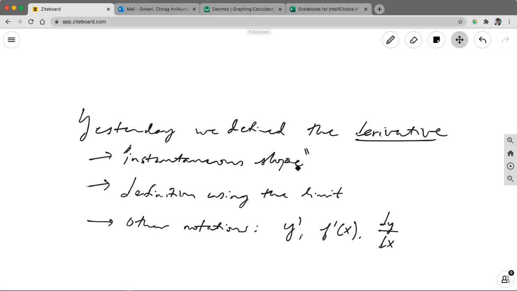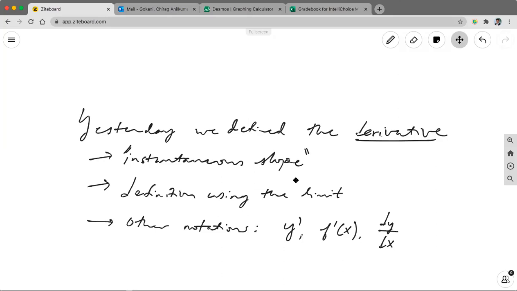The word instantaneous refers to time more than space, but for what we're concerned with, instantaneous can refer to either one. So for any point in space or time, it's the slope at that point. The derivative is the collection of the slopes at each point. That's the thing called the derivative.